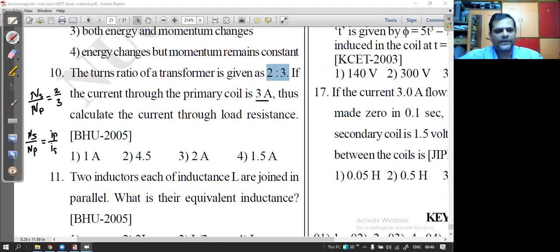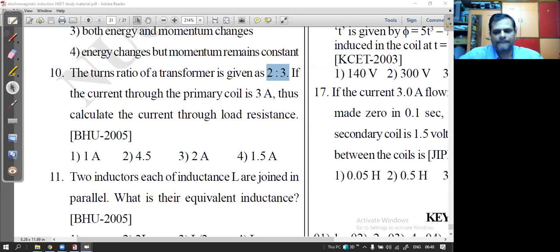So NS to NP is 2/3 and IP to IS. IP is given to be 3 ampere here. So 2 IS will be equal to 9, so IS will be 9/2, meaning 4.5, which is in option 2 here.